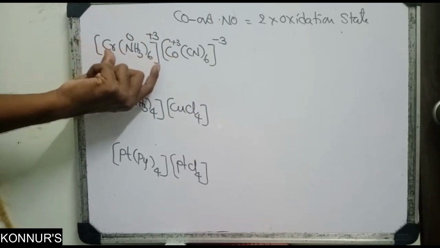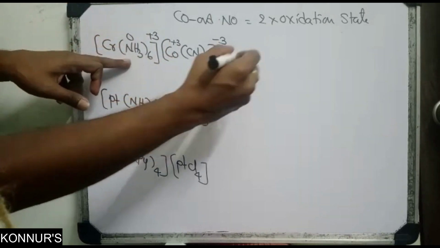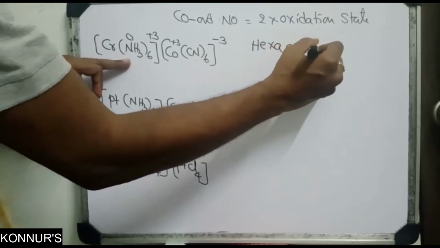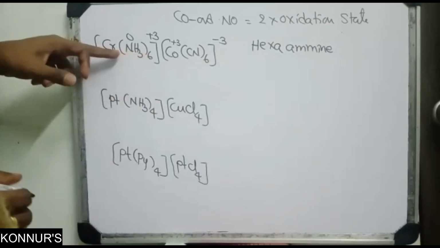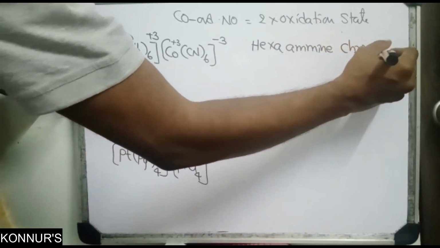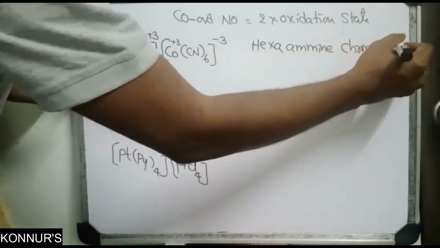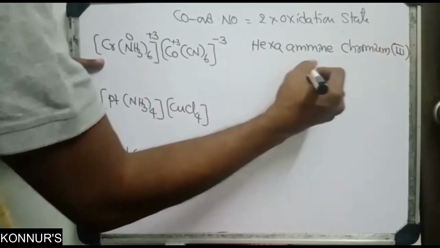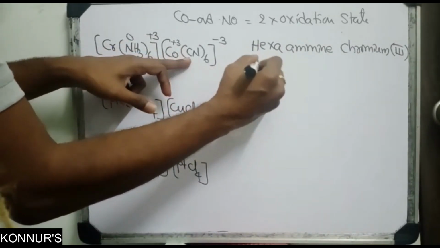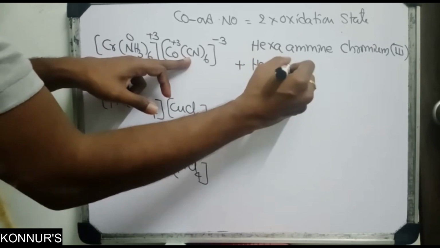So first you write positive only. So first you write this one, that is hexaamine chromium, so chromium 3. Next, plus, you come to the negative charge, so hexacyano.